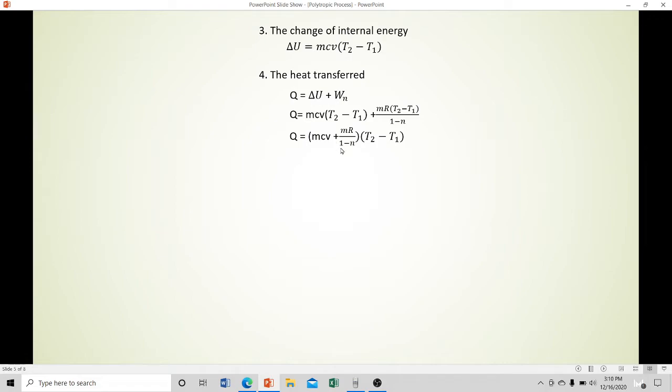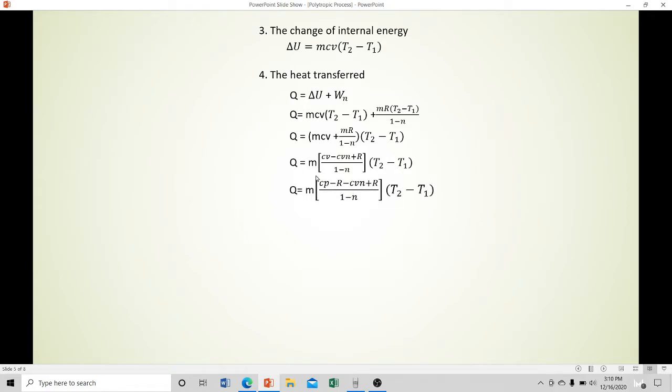By multiplying this equation, it becomes m times Cv minus Cv n plus R over 1 minus n. So m becomes a common factor, and what remains is Cv minus Cv n plus R over 1 minus n, then times T2 minus T1.